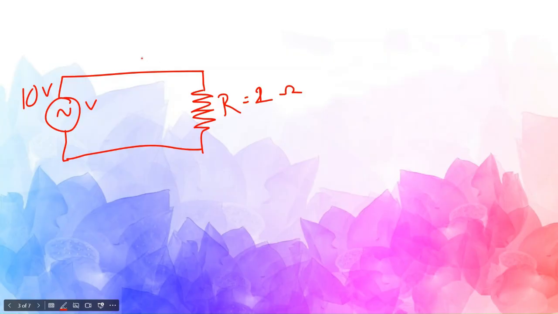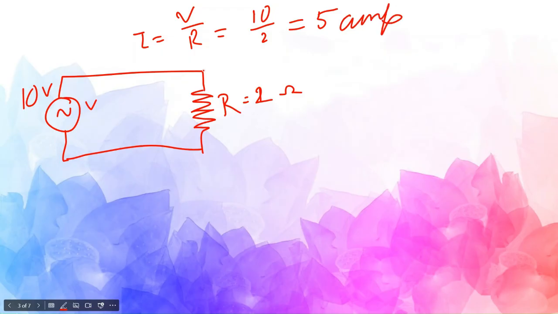Fine. So what is the current flowing? I equal to V by R. So here it is 10 by 2 equal to 5 ampere, right? So current flowing through this equals 5 ampere.